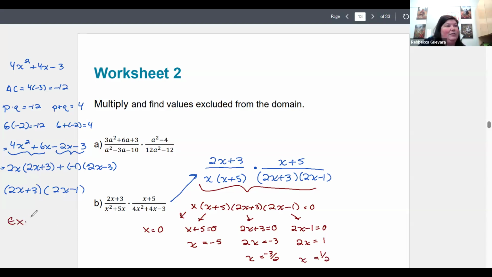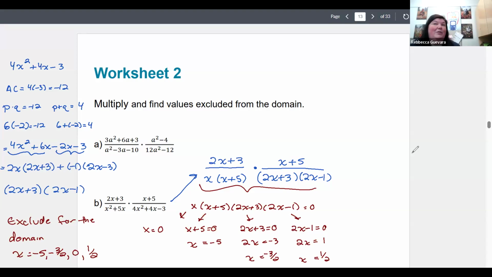So we exclude from the domain. What has to be excluded is that x cannot be -5. It cannot be -3/2, it cannot be 0, and it cannot be 1/2.